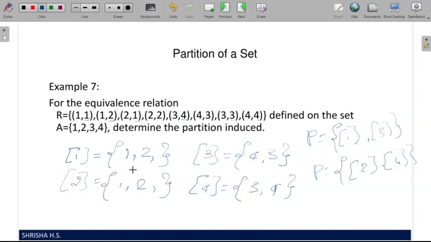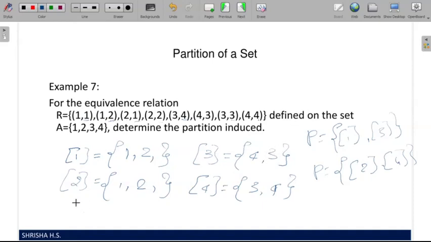Anything which gives us back 1, 2, 3, 4. So using the relation we can arrive back at the original set, and also induce a partition: 1, 2 is one partition, 3, 4 is another partition.